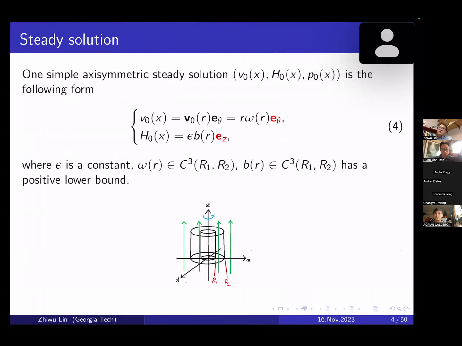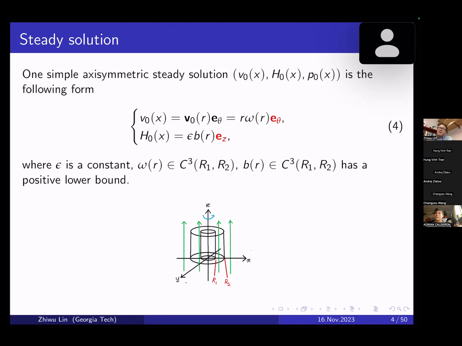Now let's look at a very basic steady state solution of this MHD system, the so-called rotating flow with magnetic field. Our velocity field is a rotating flow. The angular velocity is omega(r), so the velocity is r omega(r) in the theta direction.